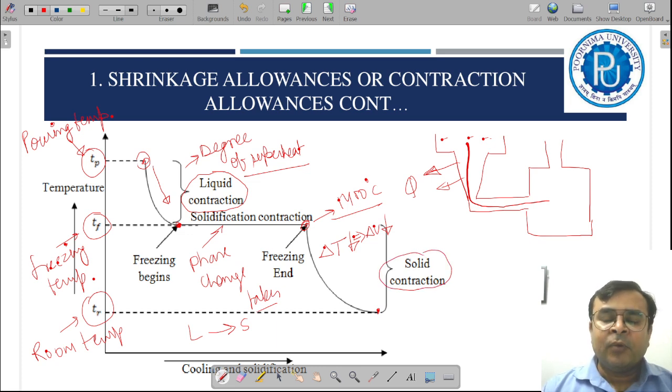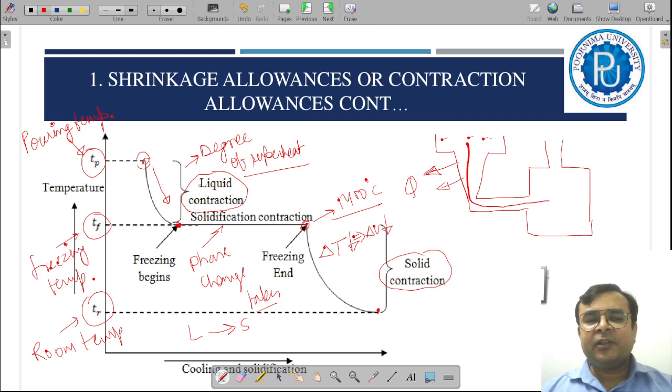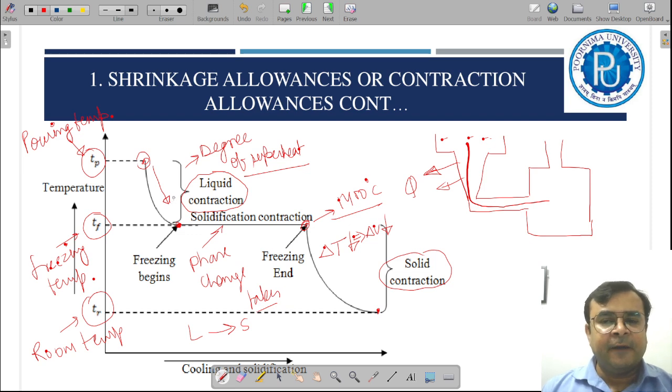Why is it called solid? Because in this, the contraction of the metal takes place during the solid state only. That's why it is called solid contraction. So you can see in this analysis, when we pour the molten metal and solidify it down to room temperature, a three-stage contraction of the metal takes place.